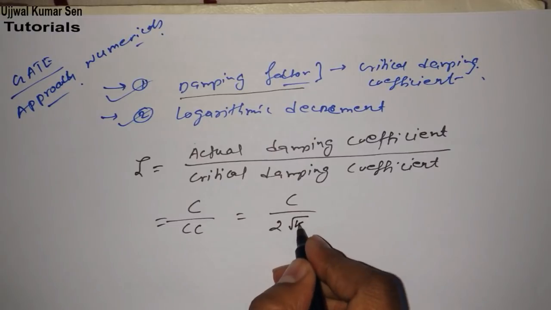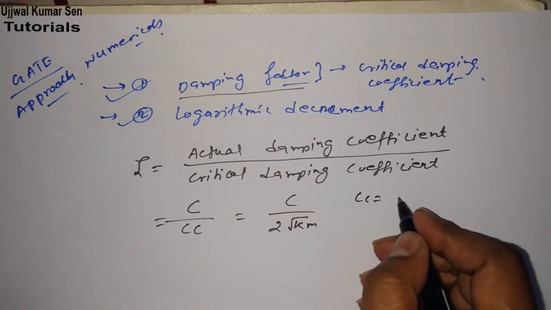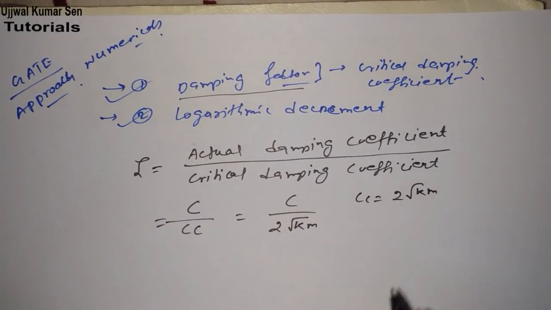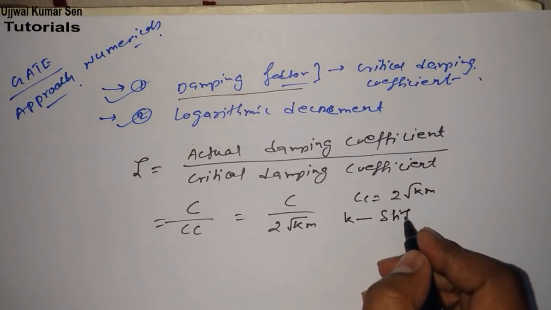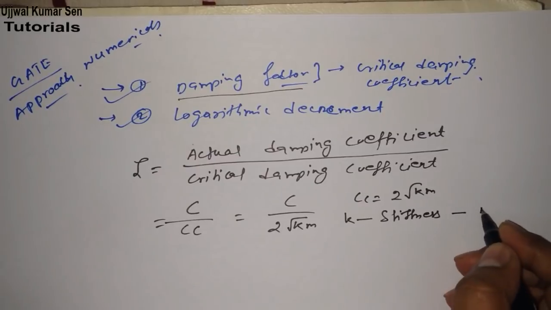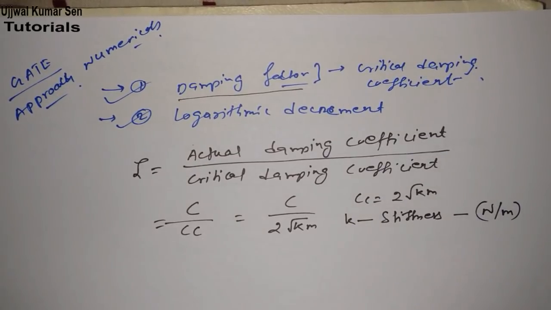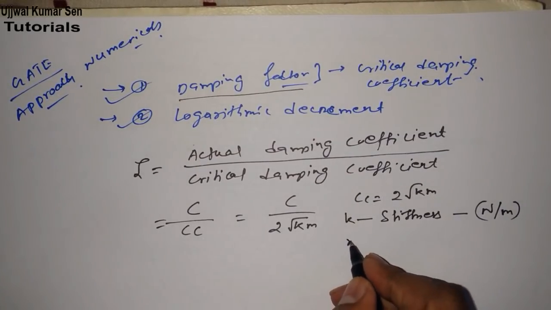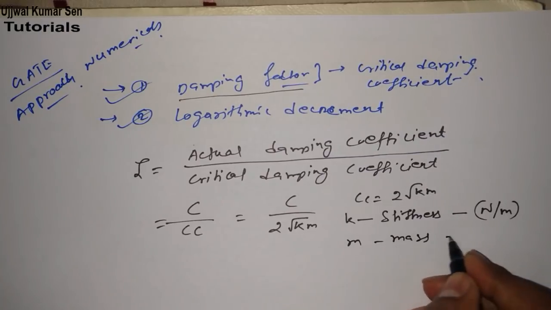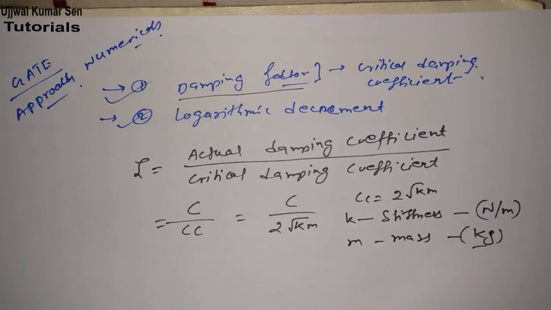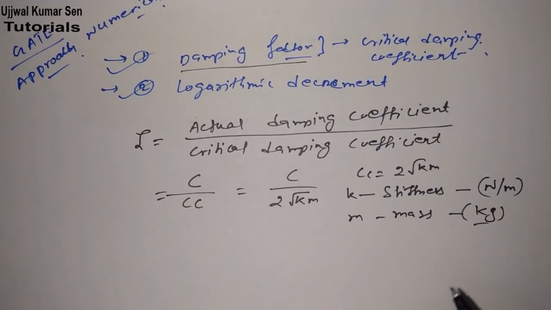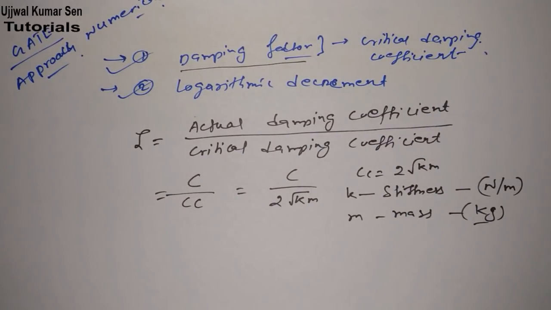Further we can write this with k and m, because critical damping is 2 root under km. What is k? Stiffness. Its unit in SI is Newton per meter, and m is mass, its unit, can you guess, is kg in SI, right? So it doesn't matter what question they ask you, these are basically the formulas for damping factor, right?